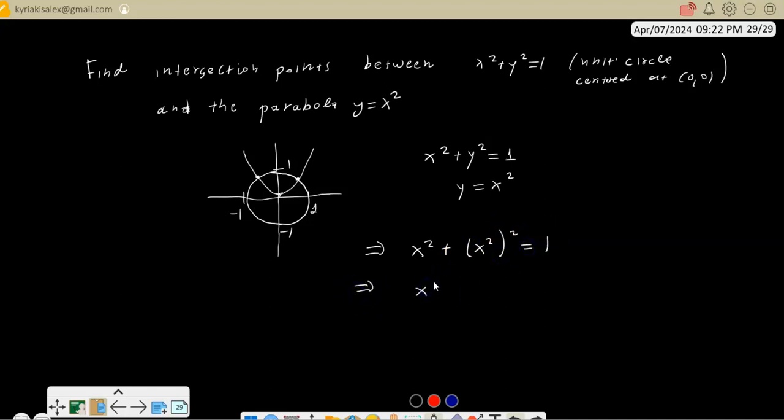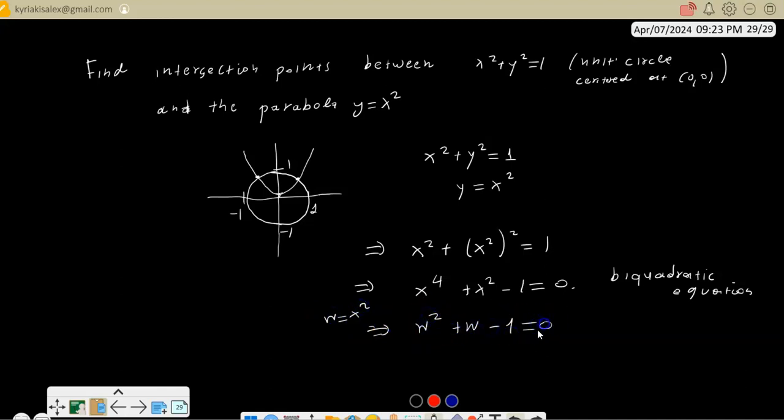So it's x to the 4th power plus x squared minus 1 is equal to 0. This is a biquadratic equation. We set w to be x squared, so we have w squared plus w minus 1 is equal to 0.